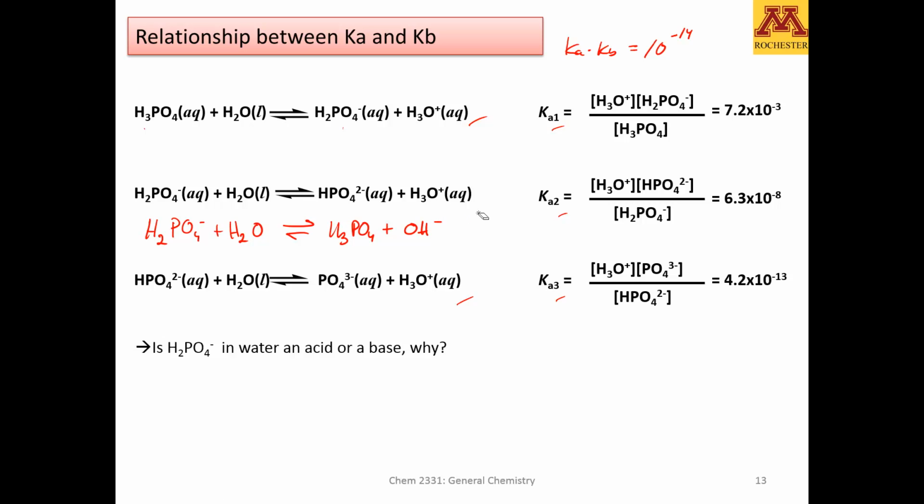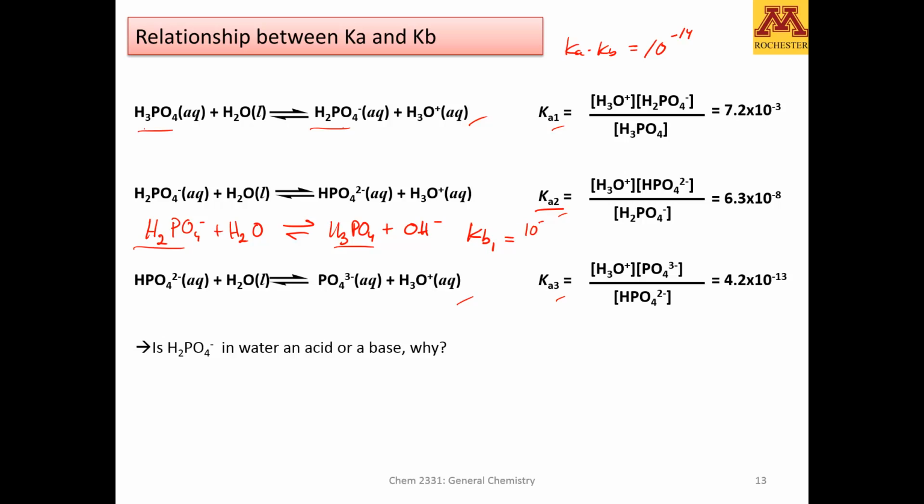Notice that if we call this Ka2, this would be Kb1, right? Because I'm dealing with the conjugates of the first dissociation here. So how do we know the value of Kb1?